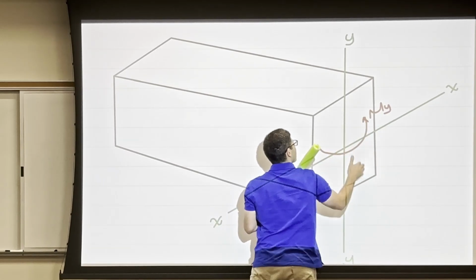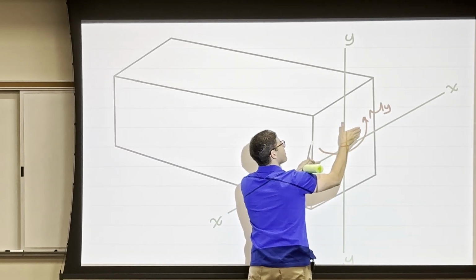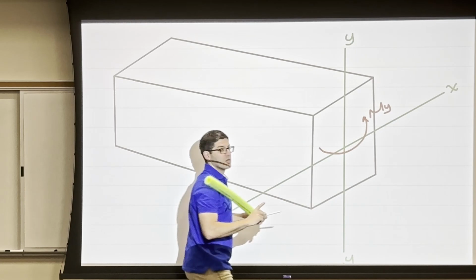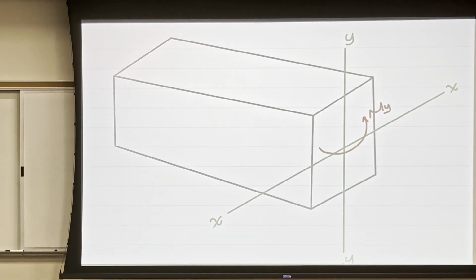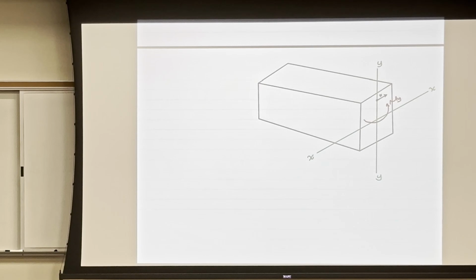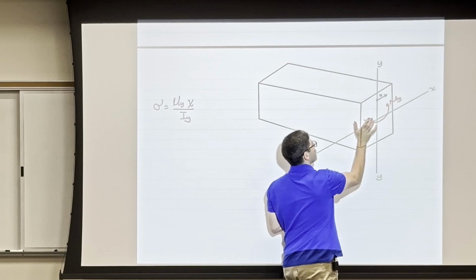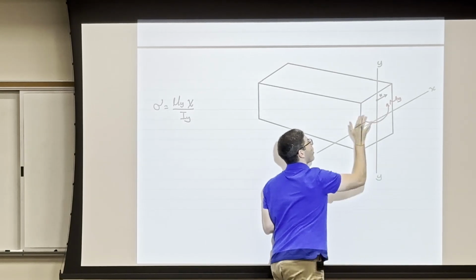This side is in compression, and this side is going to be in tension, because this is being pulled and this is being pushed. That's why I will be interested in, now not y, it's going to be x. And x, again, measured from the centroid. Okay? So the stress here is going to be my x over iy. And again, iy, because this is the property of area of resisting the bending around y.